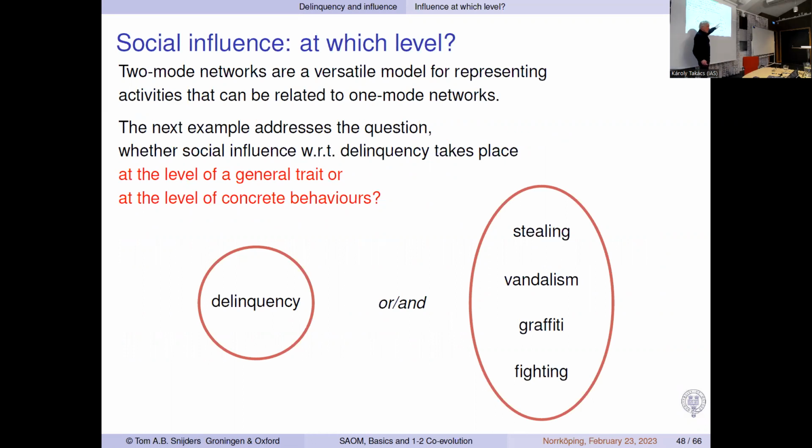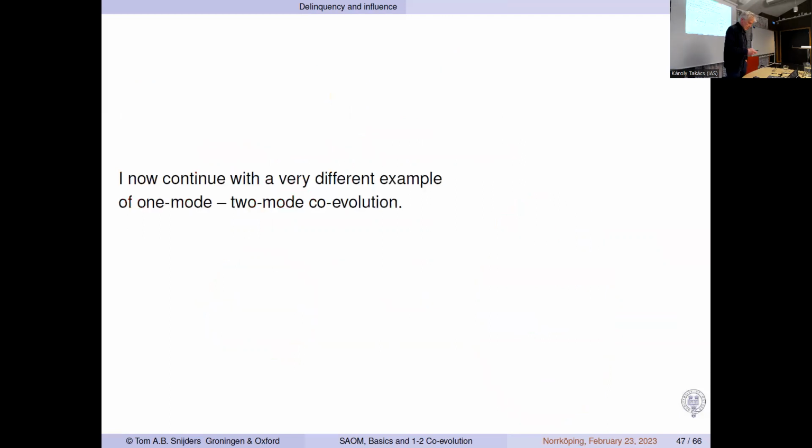With the mixed triad closure, there can be influence for specific items, or the sum score over those items indicates the general tendency to delinquency. So the sum score will express the general influence at the general tendency.